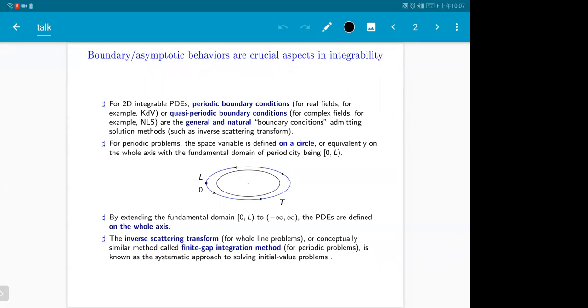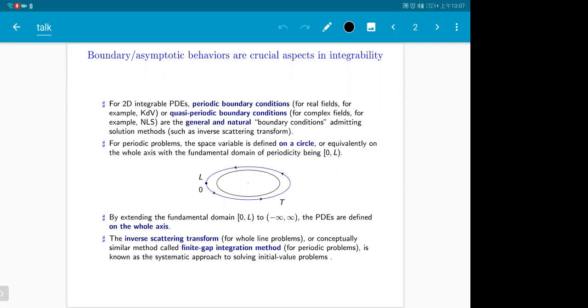The periodic boundary conditions for the real field, for example the KdV field, and the quasi-periodic boundary condition for the nonlinear Schrodinger field are the general and natural boundary conditions. The boundary conditions are somehow in brackets because there's no boundary.